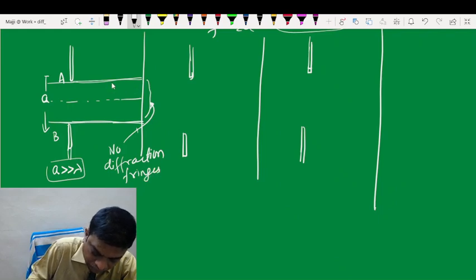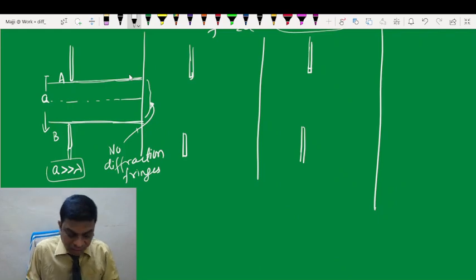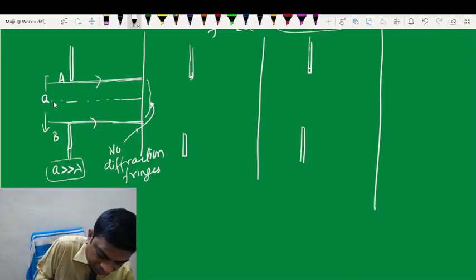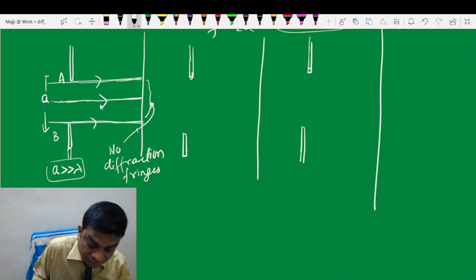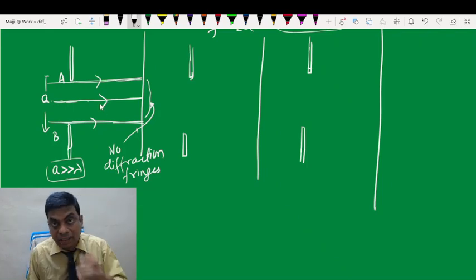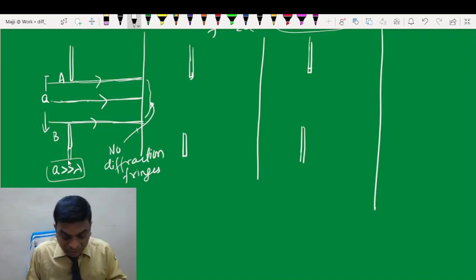It's almost straight. In other words, you will find that here light is obeying the principle of rectilinear propagation of light, which states that light travels in a straight line path. So that is exactly what happens in our day-to-day case.